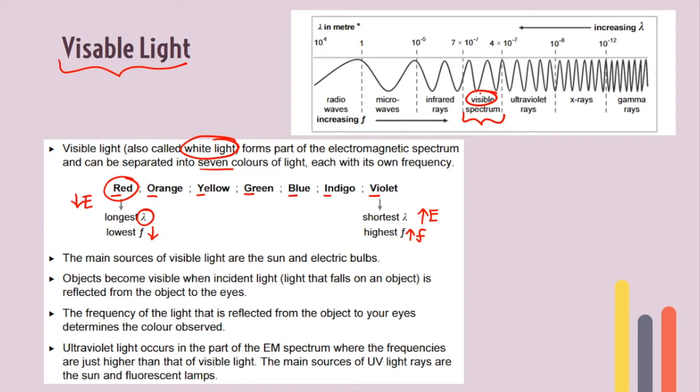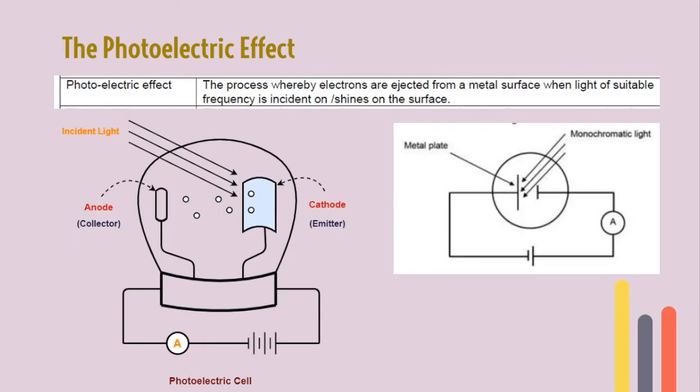Let's say that you are looking at a leaf. The leaf appears green because it is absorbing the red, orange, yellow, blue, indigo, and violet light, but it is reflecting green light. So visible light is light that our eyes can detect, and everything you see around you is a result of visible light being reflected off of objects.